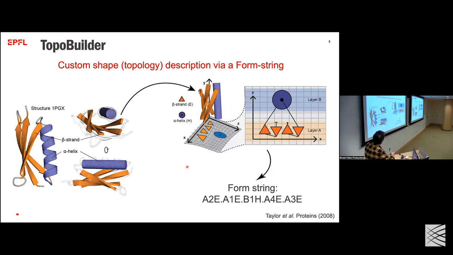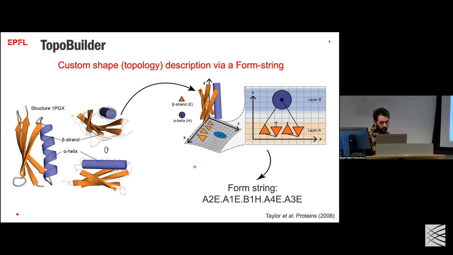We didn't invent this. It was proposed by Willie Taylor, and with this type of format, you can translate this information into the connectivity between the secondary structure elements and the layer in which the secondary structure elements are found.